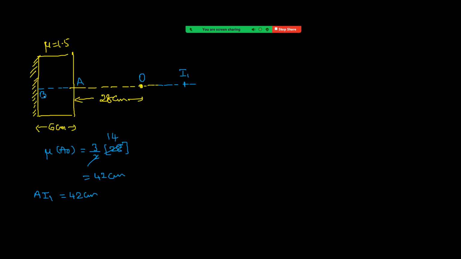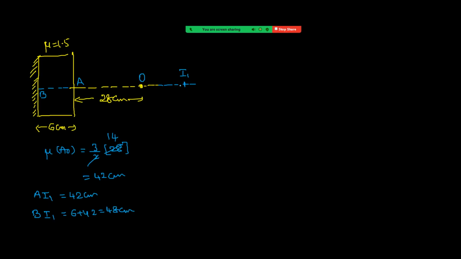And you can see the distance of this image from the plane mirror: AI1 is 42, and this is 6. That means BI1 is equal to 6 plus 42, that is 48. Right? So this is now the distance of this image.